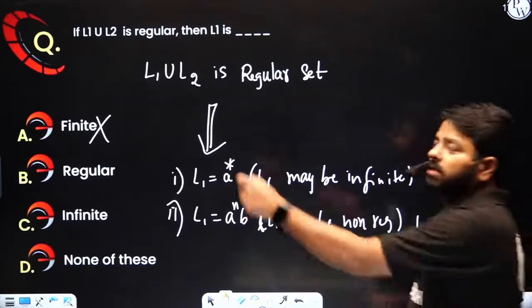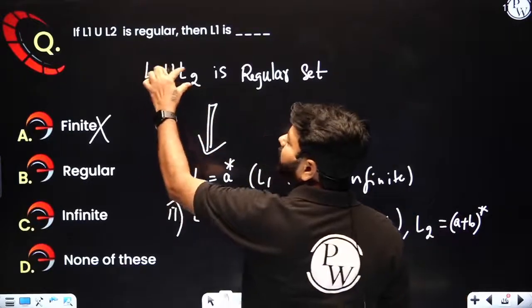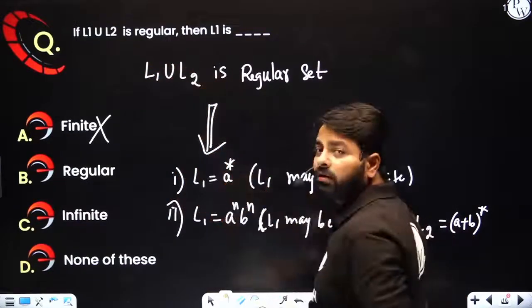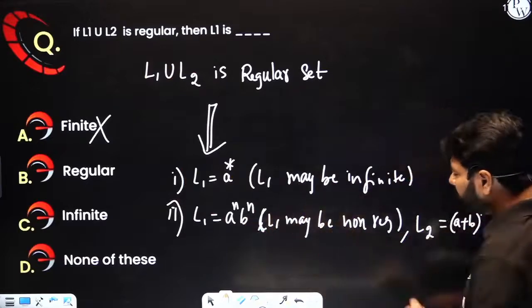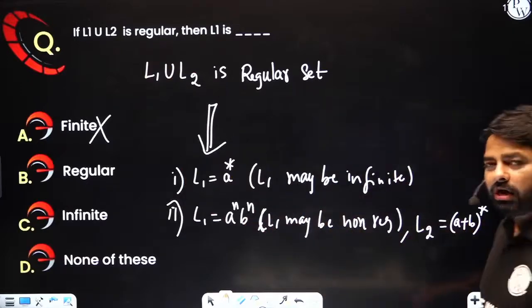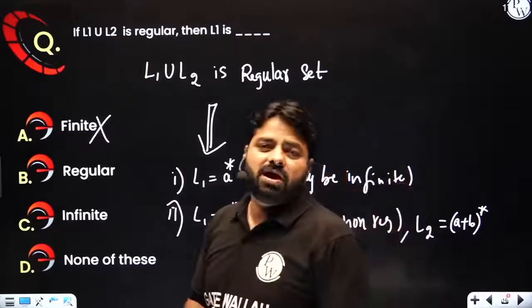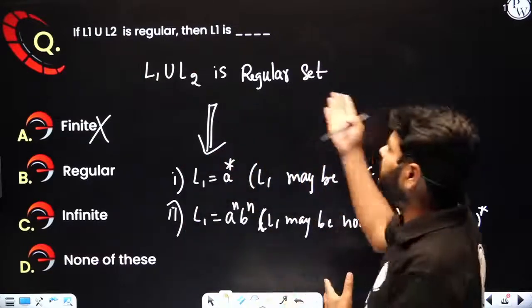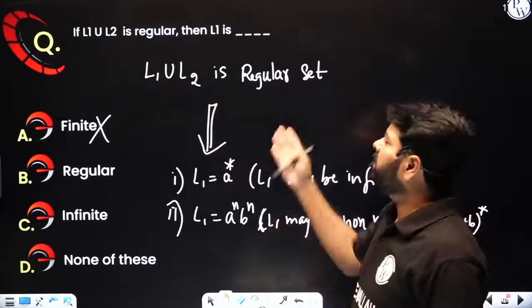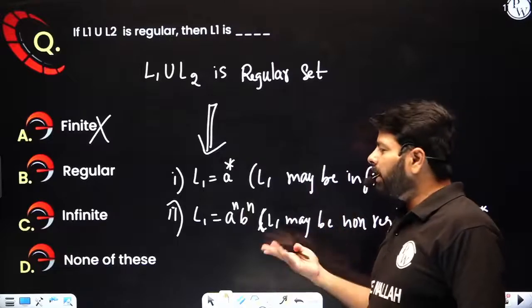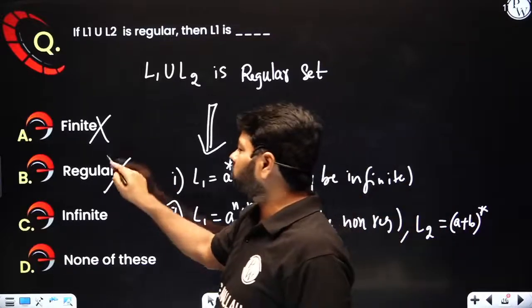In that case, A power n B power n union (A plus B) whole star, I get regular. (A plus B) whole star is a superset of everyone, right? The result has to be (A plus B) whole star. In this case, the result is regular, but there's no guarantee L1 is regular. So this statement is also wrong.